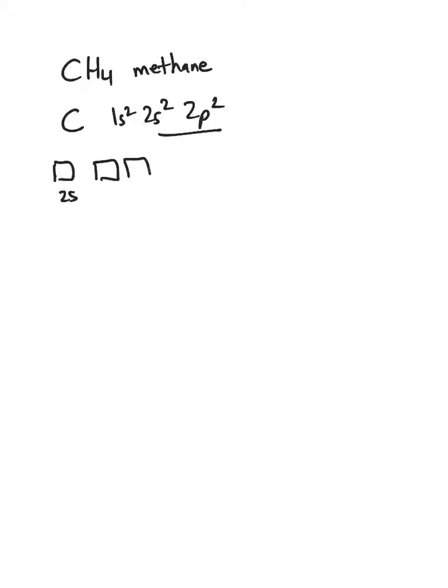Now let's go back and do our methane that we talked about in a previous video. Remember, it's the central atom that hybridizes, so we care about that carbon. 1s2, 2s2, 2p2, those 4 valence electrons. So there's my 2s. There's my trio of 2p orbitals.